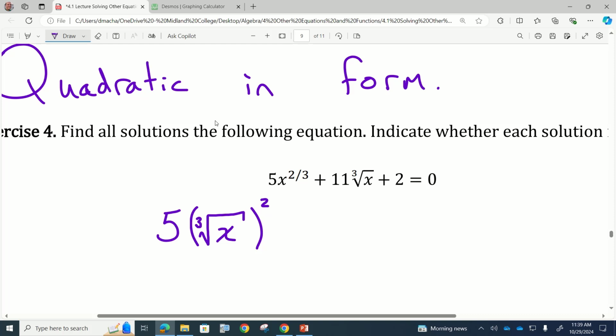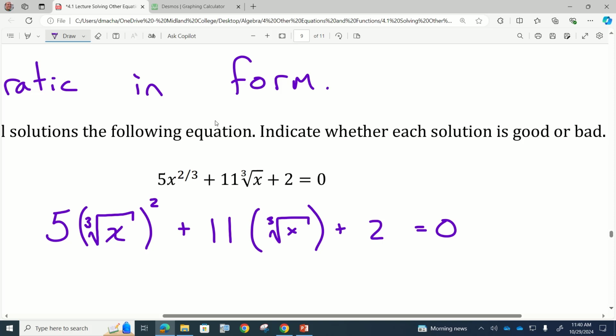Because the 2 in the numerator goes like normal, but the 3 in the denominator becomes a cube root whenever I have a fraction exponent. Then I have plus 11 times the cube root of x. Then I have plus 2 equals 0.